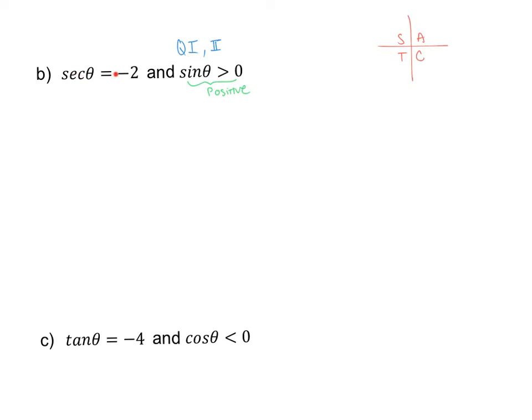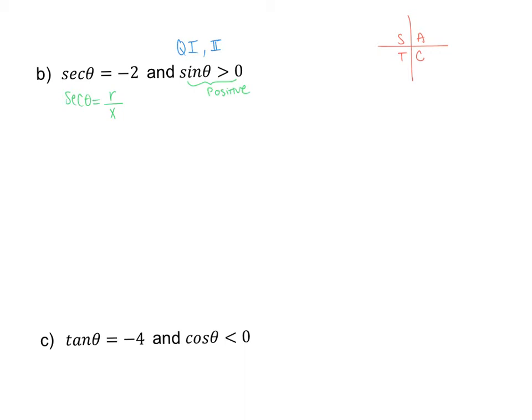For this one, we also really want to figure out in what quadrants this statement is true. To understand that, we need to understand secant. So secant is going to be r over x. It's the reciprocal of cosine.